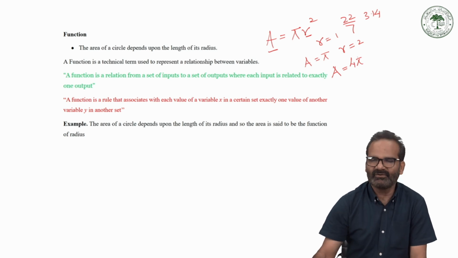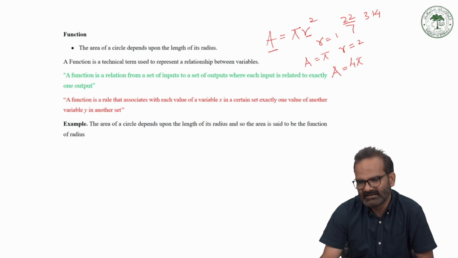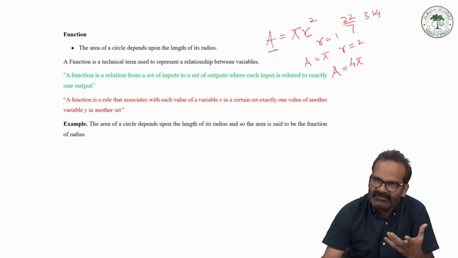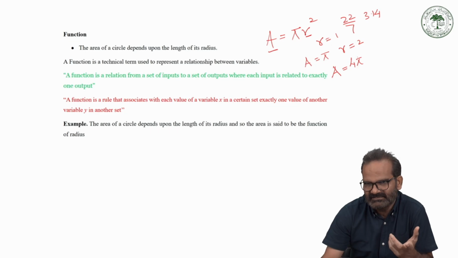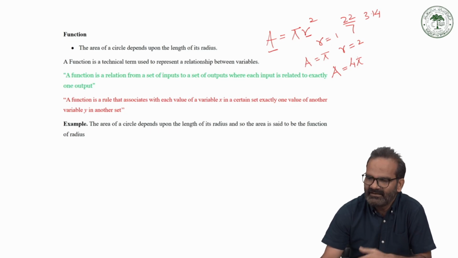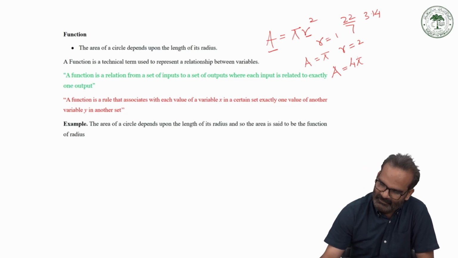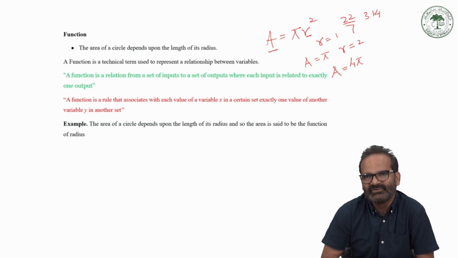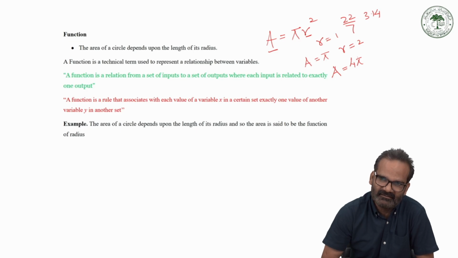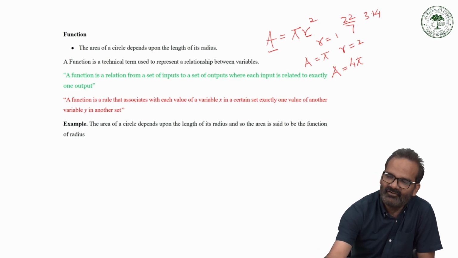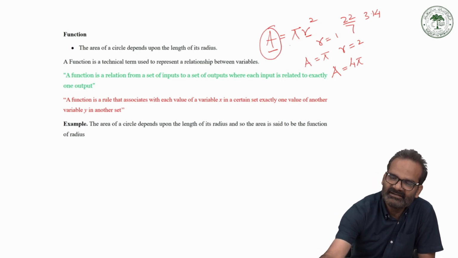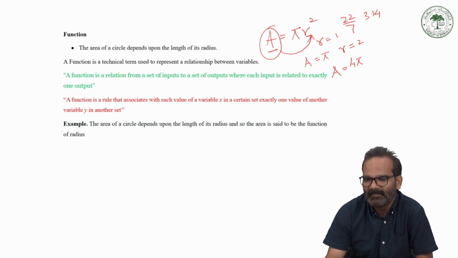So what we observe from this example is that whenever we increase the radius of the circle, its area will also increase. Likewise, if we decrease it, the area will decrease. So this equation establishes a kind of relationship between area and the radius of a circle. The area of a circle completely depends upon its radius, right?